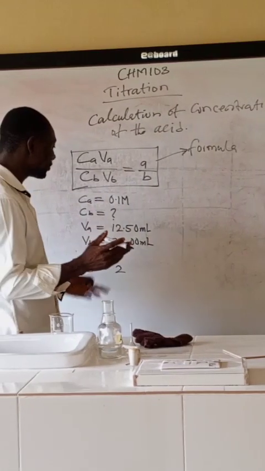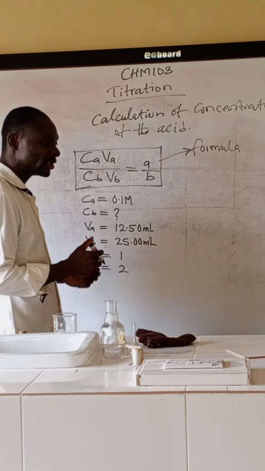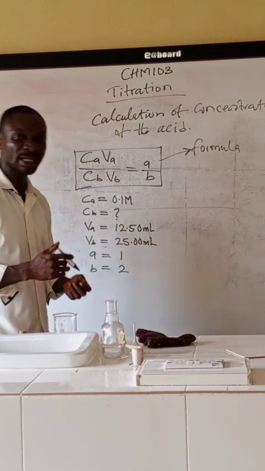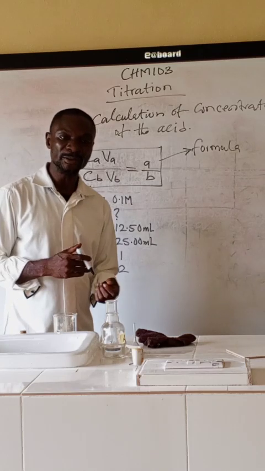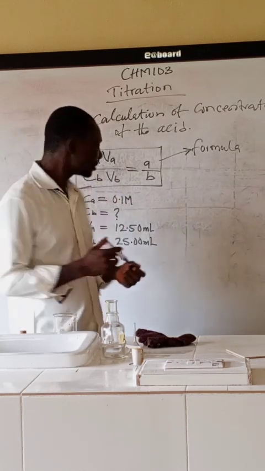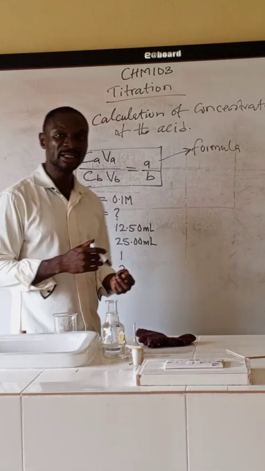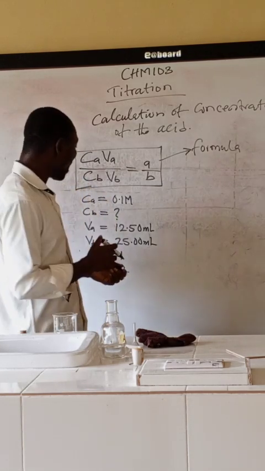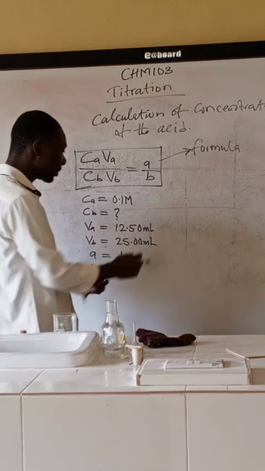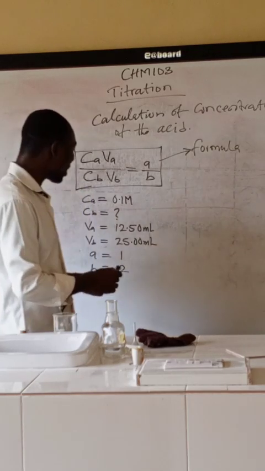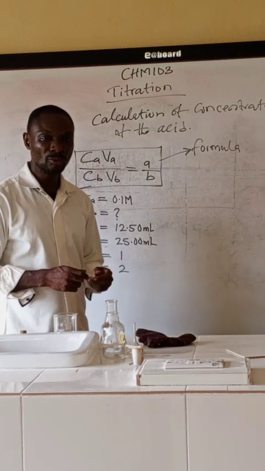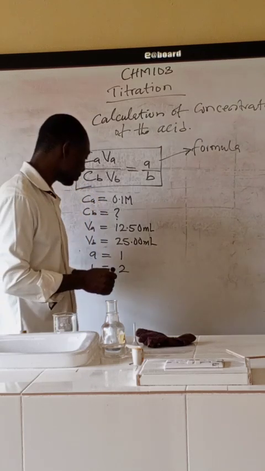Before this time, I said one of the concentrations is known in the acid-base titration. Either the concentration of the acid is known or the concentration of the base is known. But in the titration we just carried out, the concentration of the base is unknown, while the concentration of the acid is 0.1 molar. Our acid solution was the standard solution, with a known concentration.